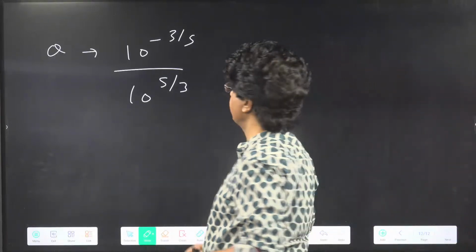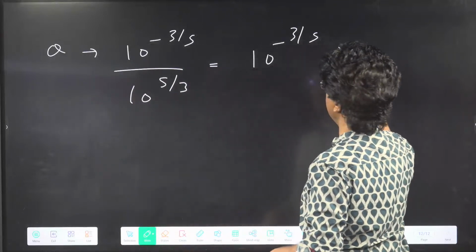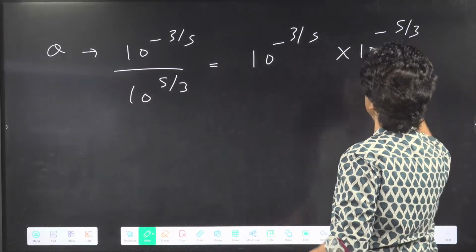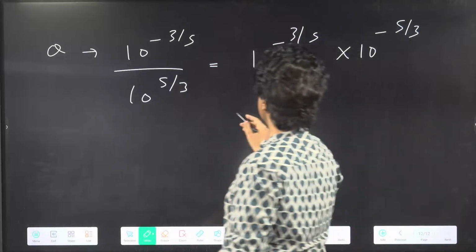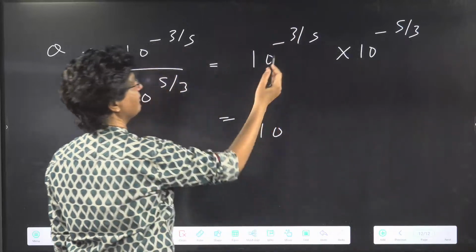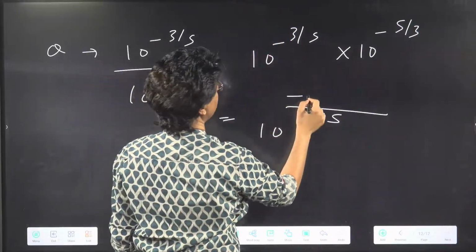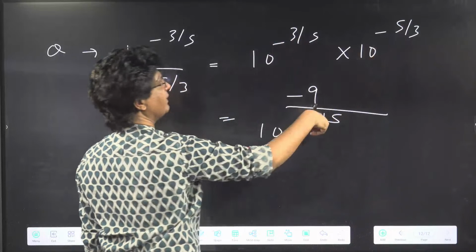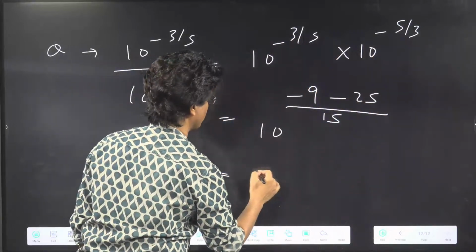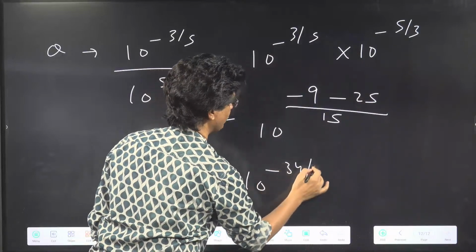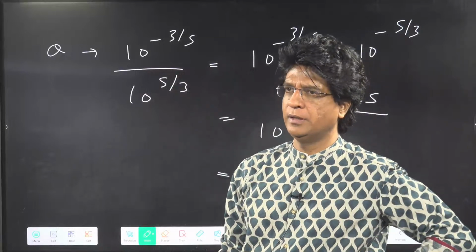Okay, let's see. So again, this is 10 to the power of minus 3 by 5 into 10 to the power of minus 5 by 3. I can take the LCM again, this will be 15. So 3 into 3 is minus 9, 5 into 5 is minus 25. So this will become minus 34, 10 to the power of minus 34 by 15. Getting it?